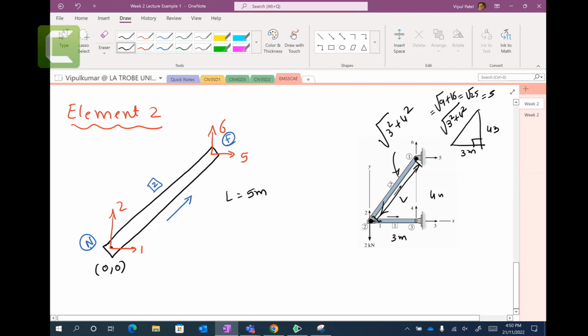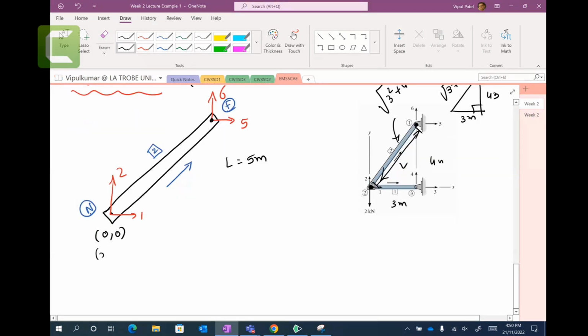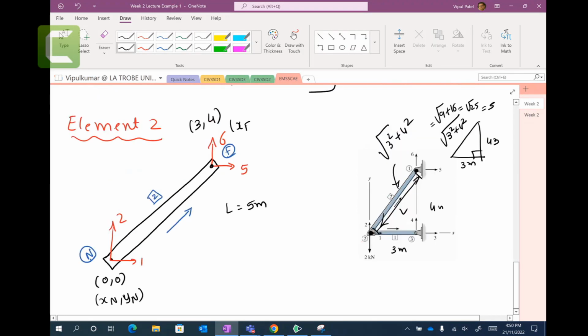Here, this coordinate is 3, 4, right? So here, this is the near node, xn, yn. This is xf, the far node, yf.